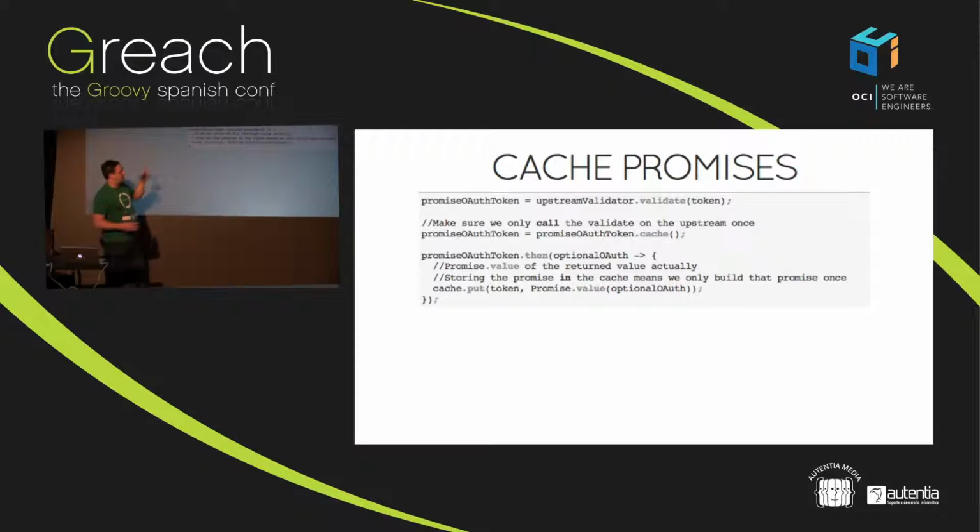So you want to only execute it once, call cache, and then do a then, and then what's happening after this is we're also returning the promise. So we have two things that are going to happen at once. As soon as it returns, it's going to call this and cache it in our near cache that hits up above it, and also return the initial call. It's a little bit of performance squeeze you can get out of it, but it's kind of nice not to do those extra object allocations.